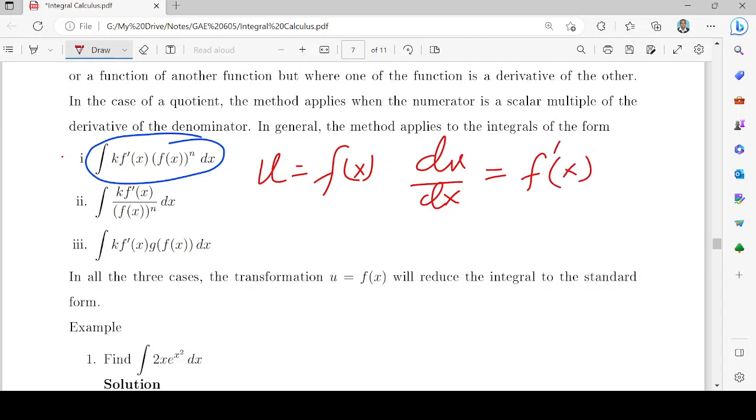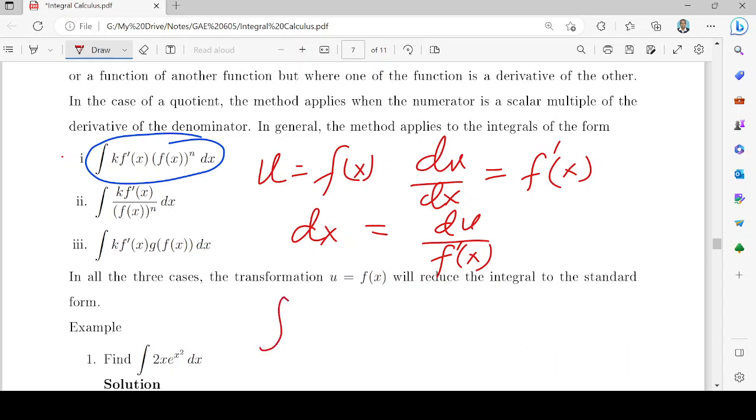And this is the key to this method: when you differentiate the function, you get f prime, and f prime appears here. Because we are going to be substituting, we make dx the subject here, which will be du divided by f prime of x. And once we do this, then we substitute.